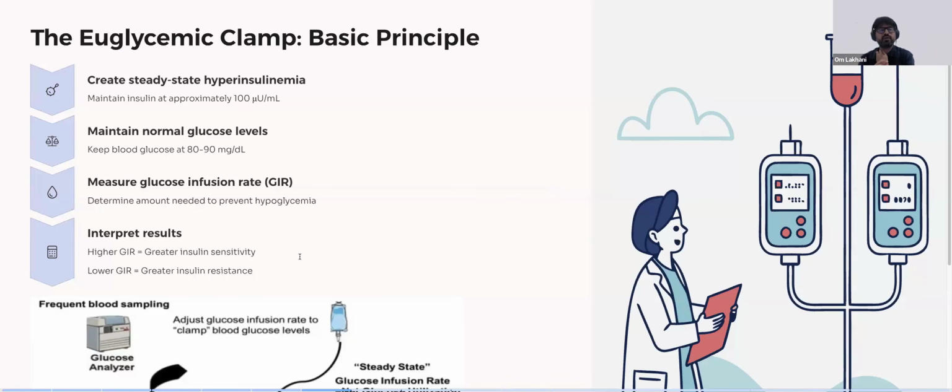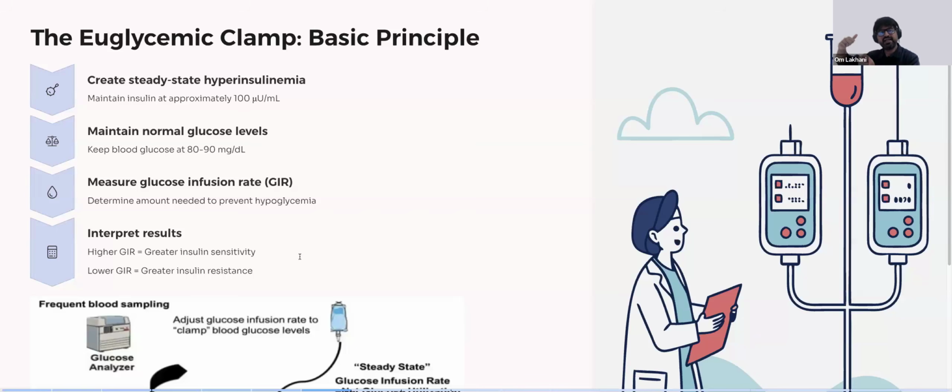Understand? So in the clamp study, what you've done is you have clamped the body's own insulin production and you're giving all the insulin from outside. You are lowering the glucose and then giving glucose to maintain that glucose level. Now, once you are in that steady state situation, the glucose is coming down because the glucose is entering the cell.